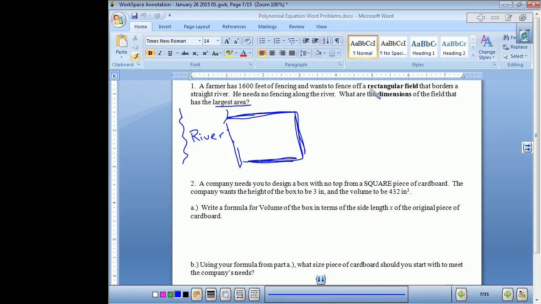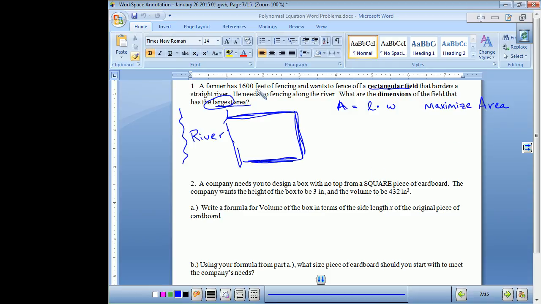And it says we're creating a rectangular field. We want the dimensions that give us the largest area, where area of a rectangle is just length times width. And if we want the largest area, what are we trying to do with this function? Largest tells us we are maximizing that area, right?